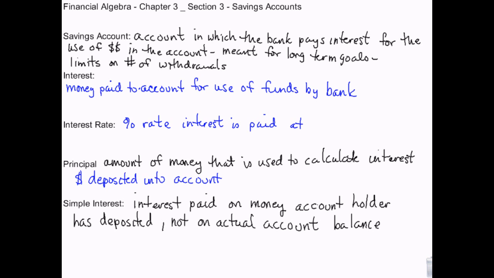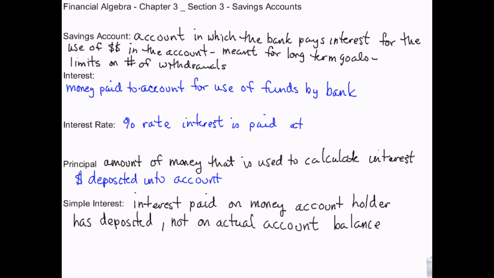We're going to talk about CDs too, but the difference between a savings account and a CD is, in a savings account you can actually access the money. In a CD, the money is locked in for a certain length of time, and you can access it, but if you do that, you have to pay giant penalties on it. So they're both types of savings, but one is more flexible than the other.